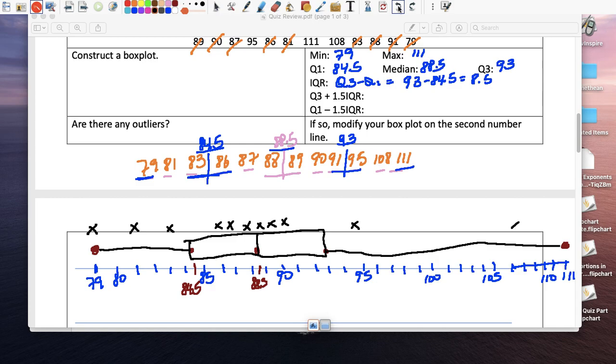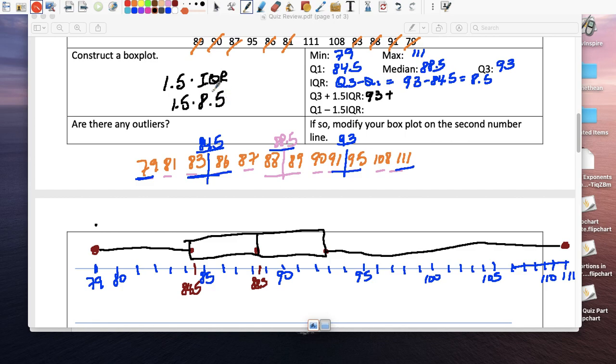Let me erase that. So that's your original box plot. Now we've got to figure out if there are outliers. Well, let's do the Q3 plus 1.5 times IQR. Q3 is 93. To that, we're going to add 1.5 times the IQR. The IQR is 8.5.